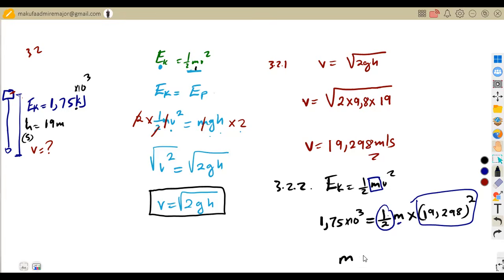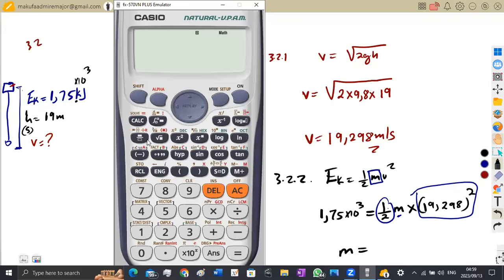So our m at the end is going to be what? From our calculator, we can simply divide here. Let me show you on the calculator what you could have done straight. Just have a fraction. Remember, we want to remove this side, so we divide on 1.75 times 10 to the exponent of 3.